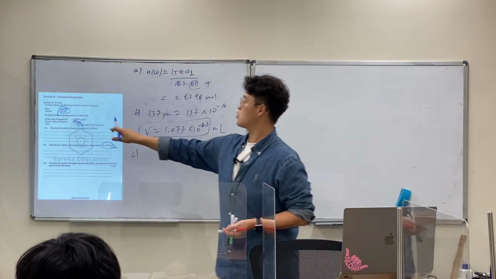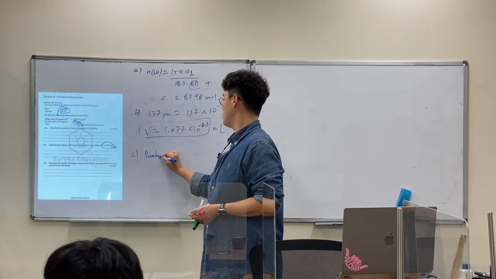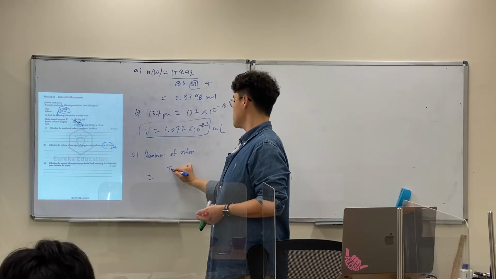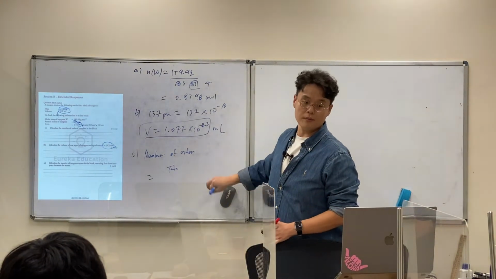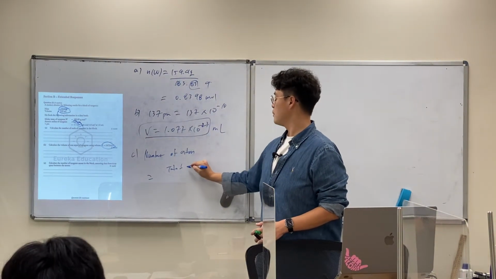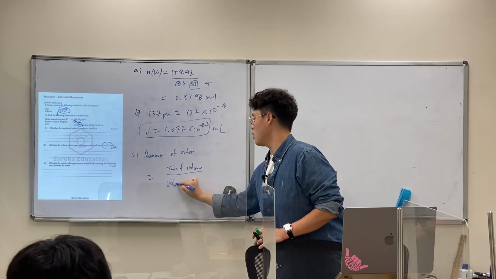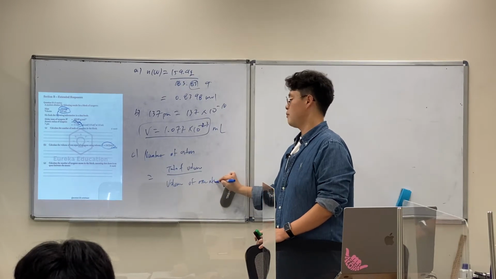Sorry, yeah, that's the total volume. So the number of atoms can be found from total volume divided by volume of one atom.